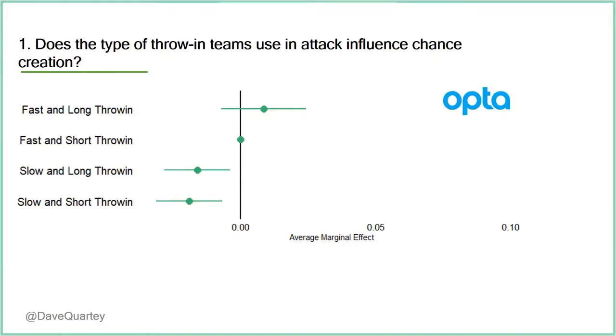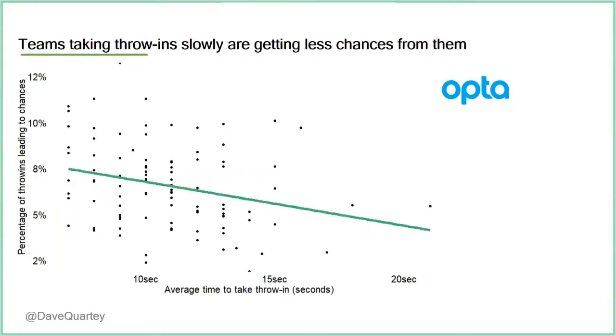Then I also had a look at the attacking and defensive strategies that teams use, and if it affects the possibility of these throw-ins resulting in goal scoring opportunities or not. At the same time, I adjusted for team quality to remove that effect.